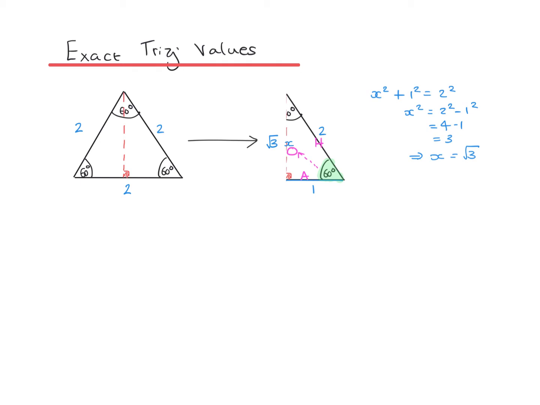Now, if I want to work out the sine of 60, we know that's equal to the opposite divided by the hypotenuse. We can, if we need to, remind ourselves of our trig triangles. So the sine of an angle is equal to the opposite divided by the hypotenuse.